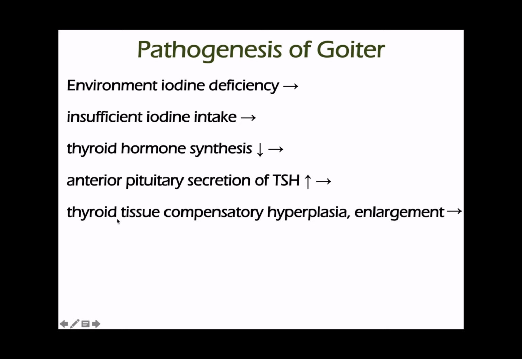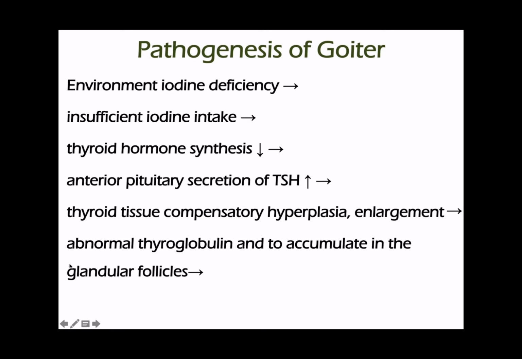That results in thyroid tissue compensatory hyperplasia and enlargement. And this will further result in abnormal thyroglobulin and accumulation in the glandular follicles, thus forming nodular goiter.